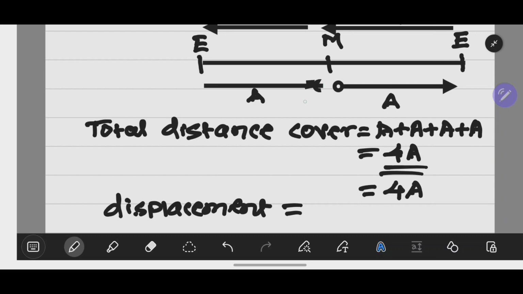If it starts from the mean position where x is equal to 0, and goes to x is equal to A, and again from A to 0, that means displacement is 0. We have to remember this fact: total distance covered is 4A, and total displacement is equal to 0. That we need to remember.